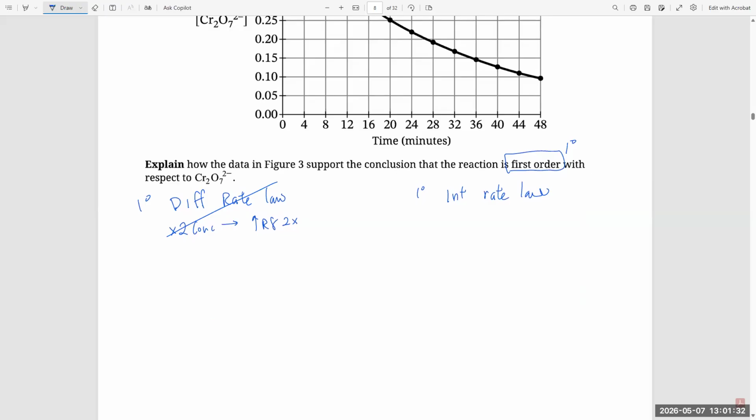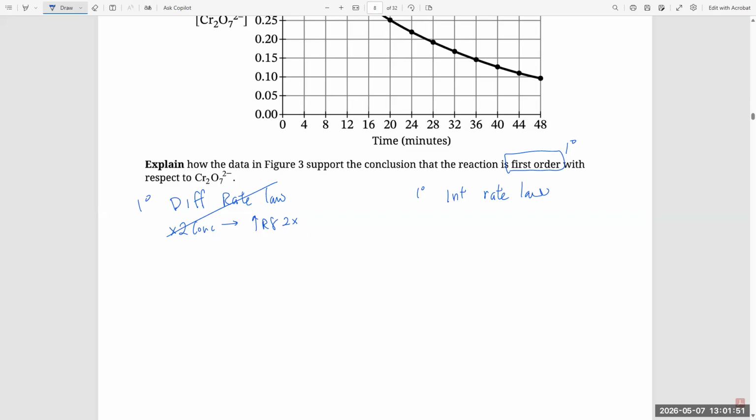And in integrated rate law, what are we looking at? We're looking at the first order rate law, right? I told my students that you should memorize this. All general chemistry students, including college chemistry, like when I used to teach general chem at NYU, are expected to memorize these.